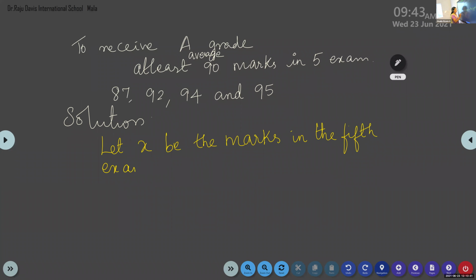So what is the condition given here? The average must be greater than or equal to 90. How to find the average? Add all the marks: 87 plus 92 plus 94 plus 95.